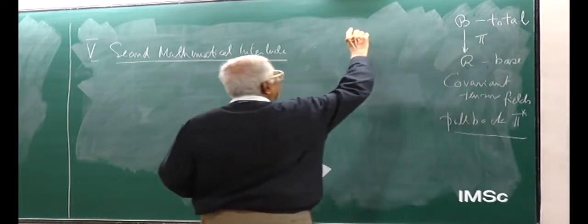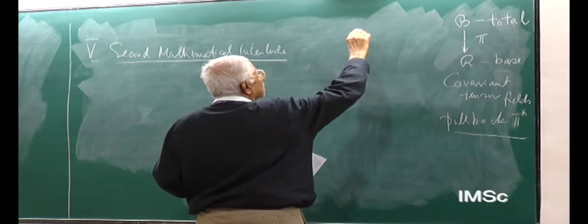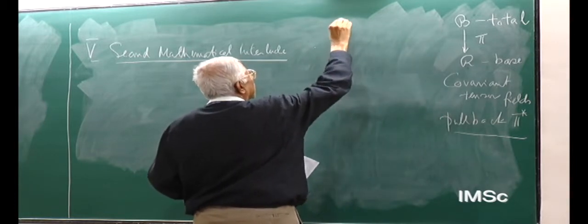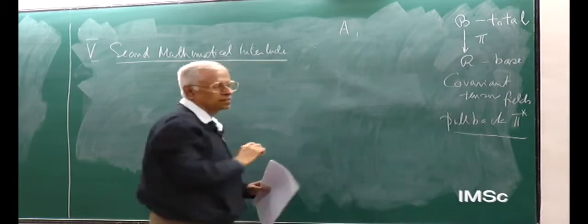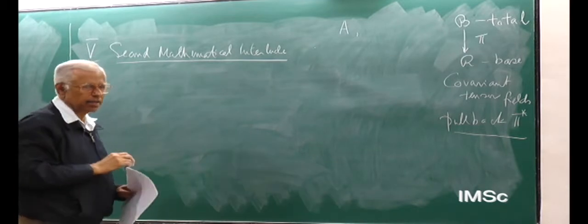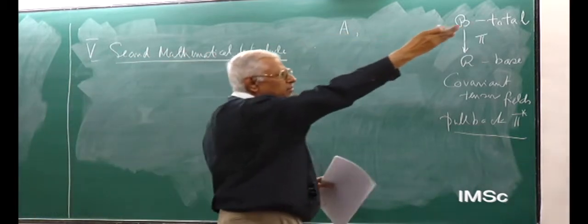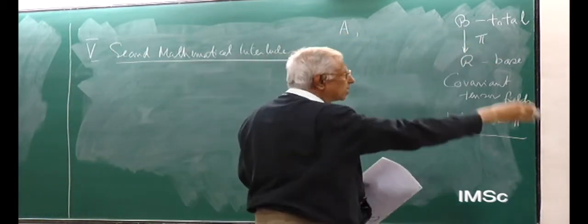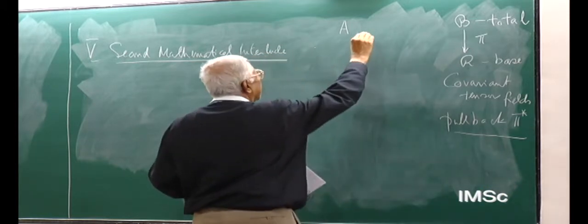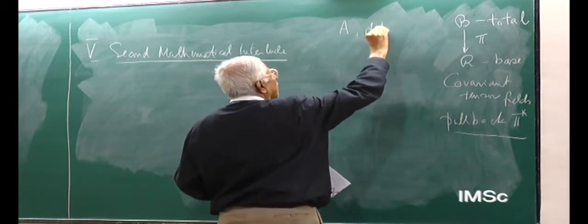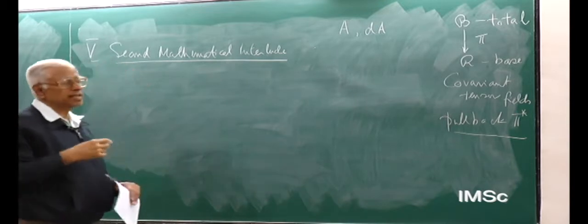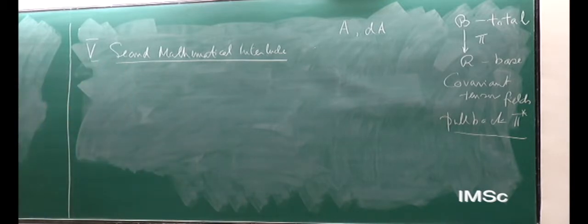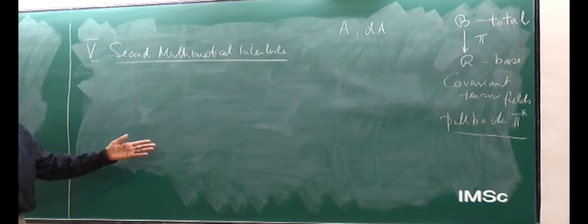Now, on the space B, we have the one form, capital A, which is there up on the board. I have described it in great detail earlier. And then we have its exterior derivative, its differential, dA, which I also wrote on the board earlier.